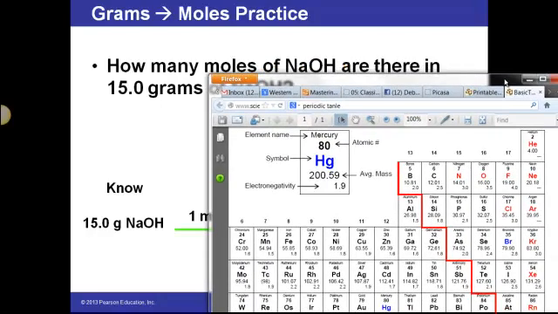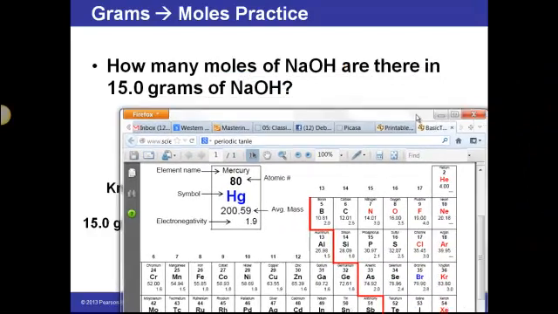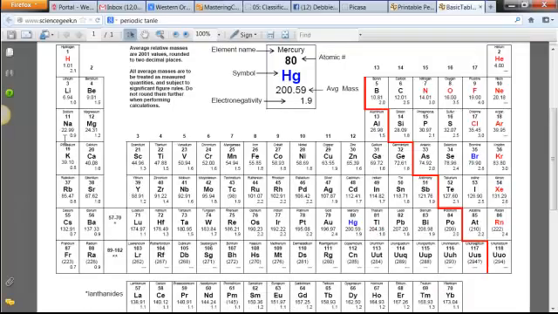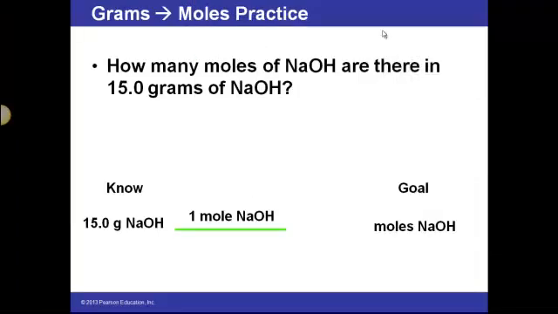And if we take our periodic table, we can calculate the mass of a sodium hydroxide molecule. We can see that there are 22.99 grams in sodium, 16 grams in oxygen, and 1.01 grams in our hydrogen atom. If we add those all together, we find we've got 40 grams of sodium hydroxide in each mole of sodium hydroxide.